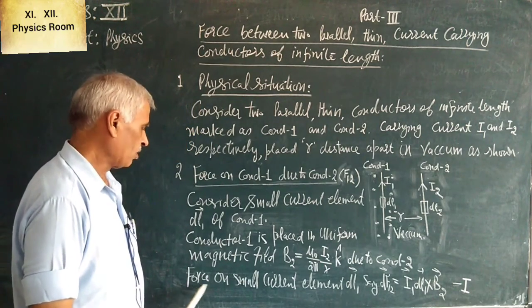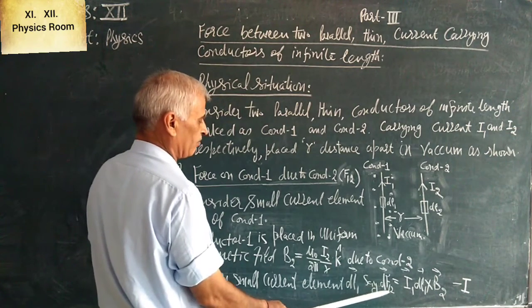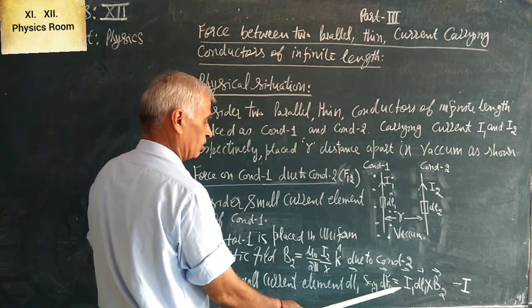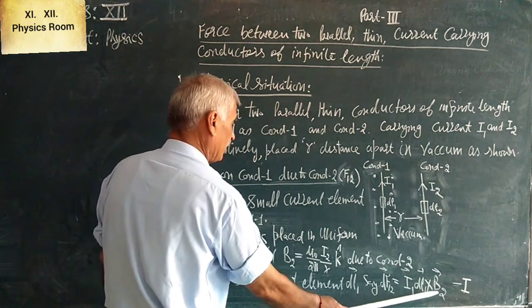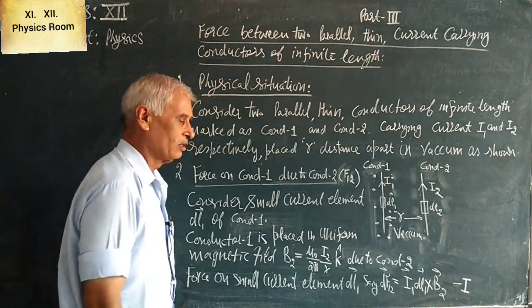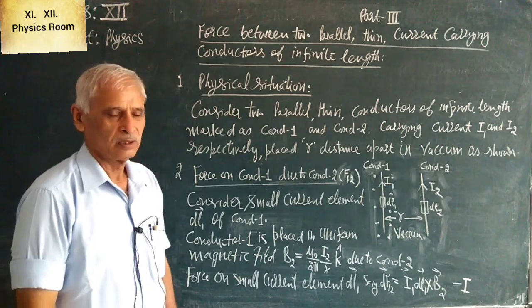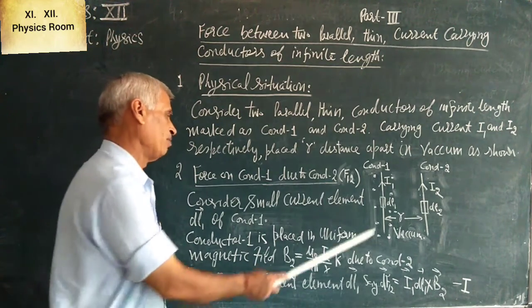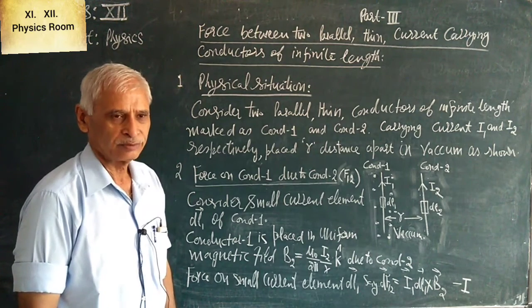Now then, force on small current element dl1, say dF12, is equal to I1 dl1 cross B2. Let us mark it as equation 1. It is the vectorial expression of the small force on small current element dl1 due to conductor 2.